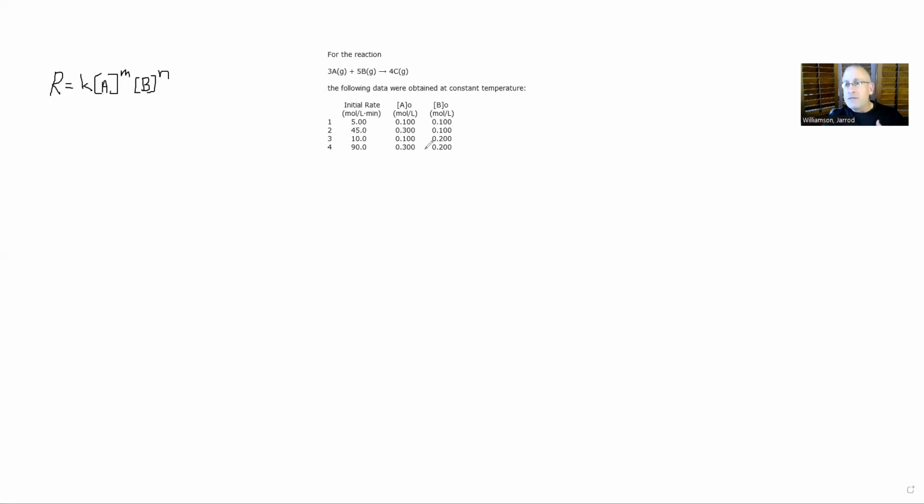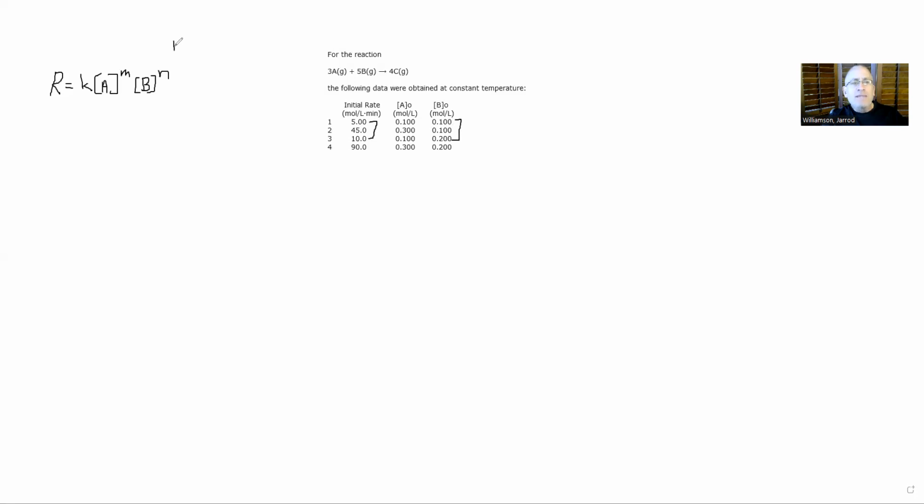First thing we want to do is see if we can figure out what the answers are by inspection. If I look at experiment 1 and experiment 3, if I double the concentration of B and keep the concentration of A the same, the reaction rate doubles.